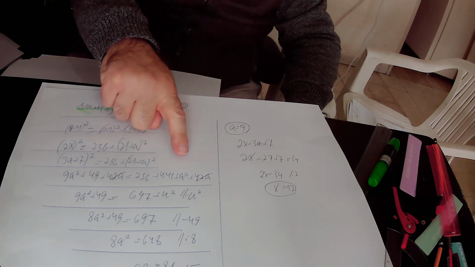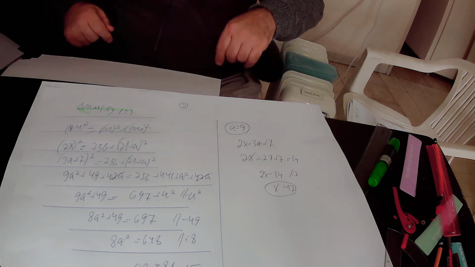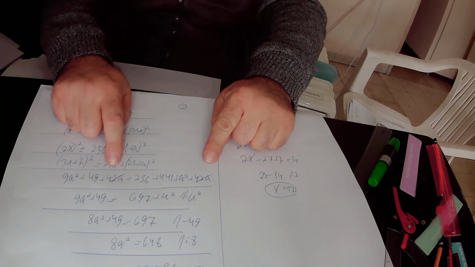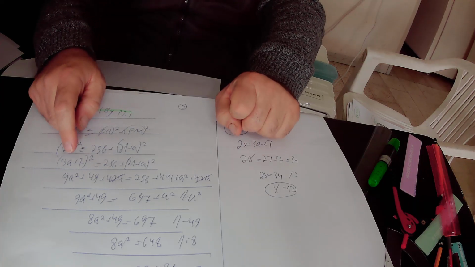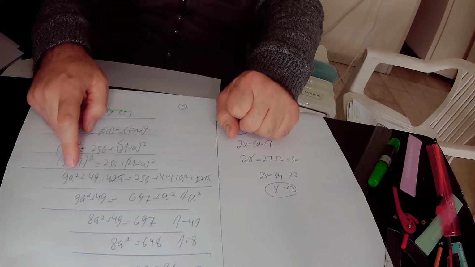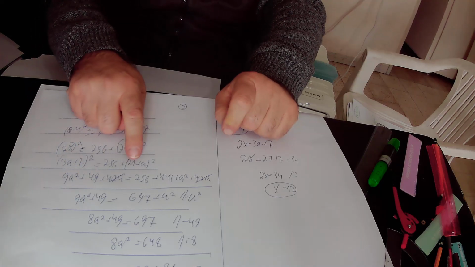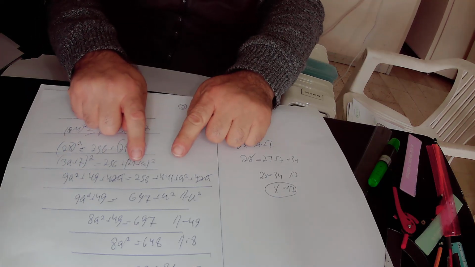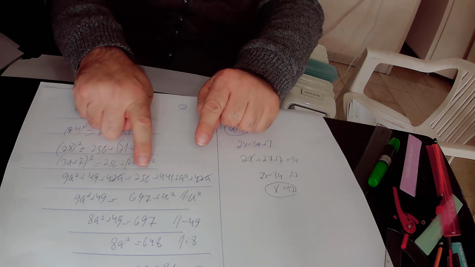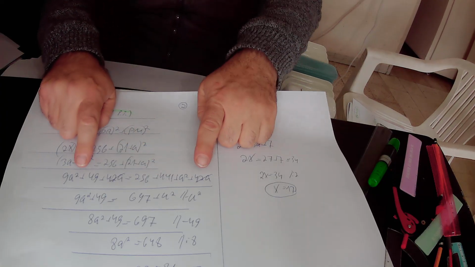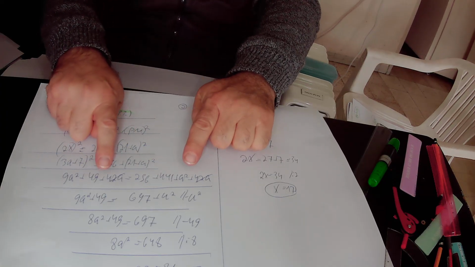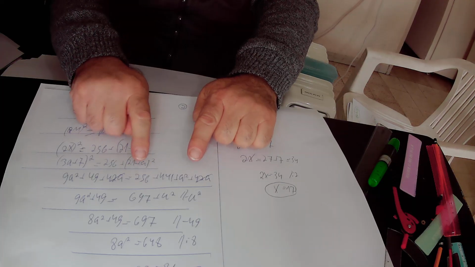So it is 42a. Here we have 42a on both sides of this equation, so 42a cancels. After we cancel 42a, this side of the equation has only 9a squared plus 49, while on the other side we have 256 plus 441, which is 697, plus a squared. So in total, 9a squared plus 49 equals 697 plus a squared.